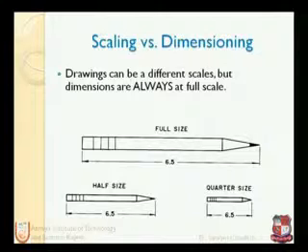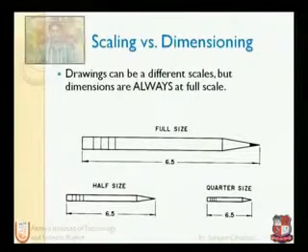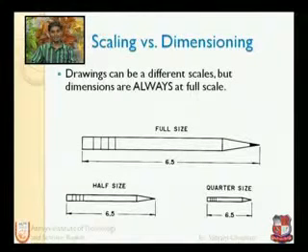The dimensions are always marked as the true dimension. For example, see here is a pencil at full scale size. If we keep half the scale, if we draw it reduced by 50%, the dimension will remain the same. However, the drawn size of the pencil will be smaller.